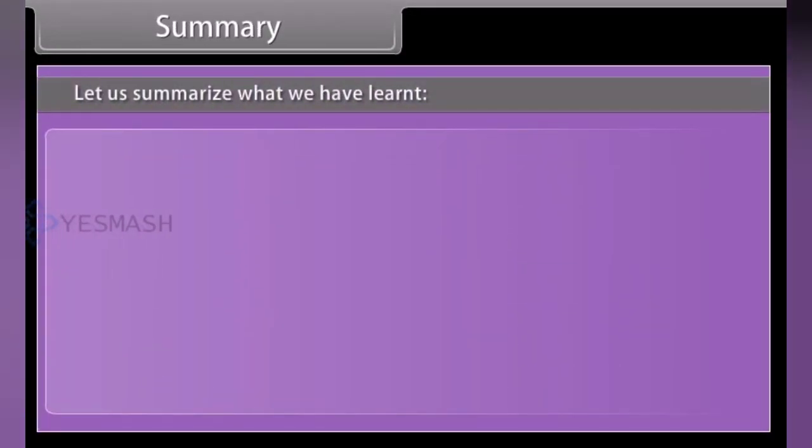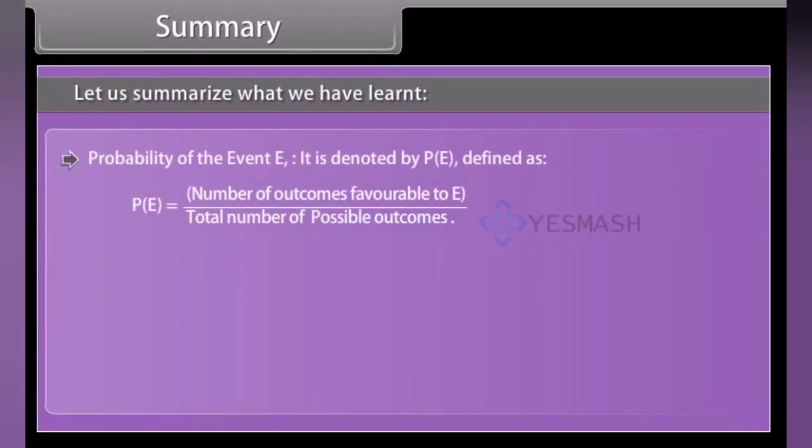Summary. Let us summarize what we have learned. The probability of the event E, denoted by P(E), is defined as P(E) equals number of outcomes favorable to E by total number of possible outcomes.